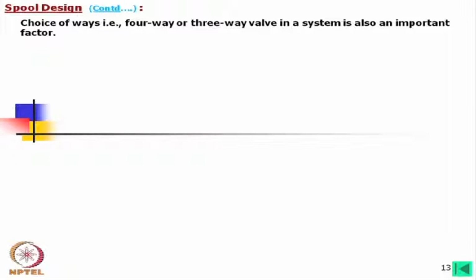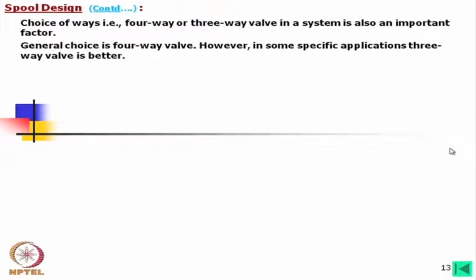The first one is the number of ports or ways and the second one is the position, but here the way means the number of directions the flow occurs. So, how to select, I would say whether it should be 4 way or 3 way or 2 way, is an important factor. According to requirements, we have to make a choice of that.